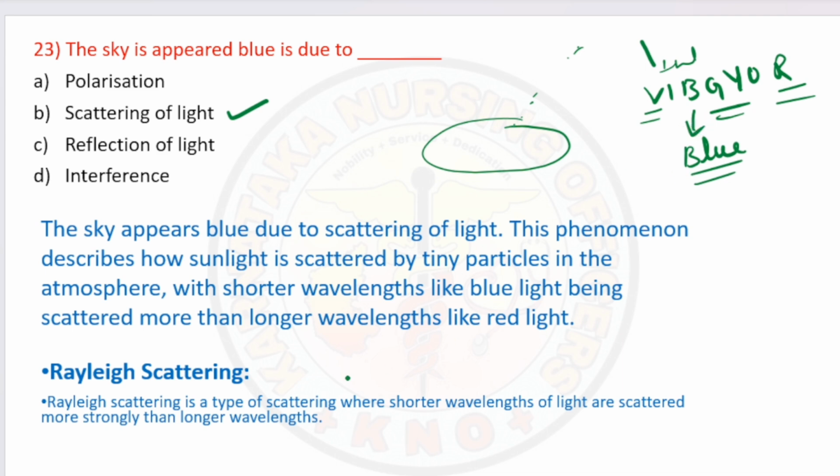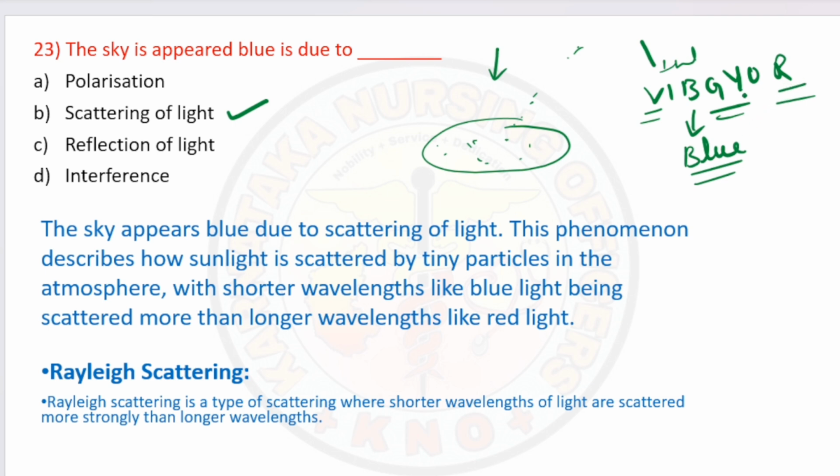This phenomenon is called Rayleigh scattering, that is, scattering of light by the tiny particles present in the atmosphere. Due to this scattering by the molecules or particles in the atmosphere, those particles scatter the shorter wavelength radiation, that is blue, more than the longer wavelength, that is red.